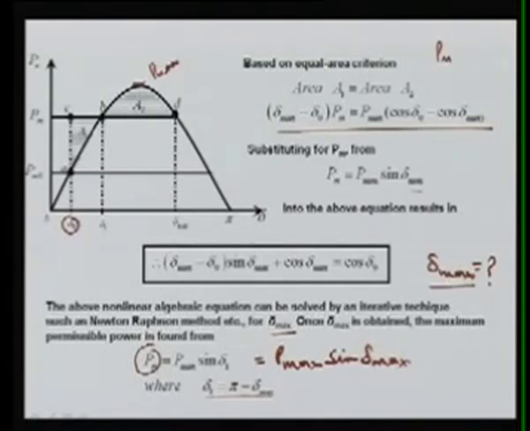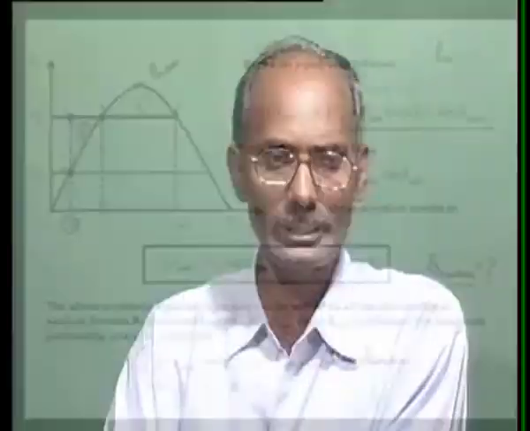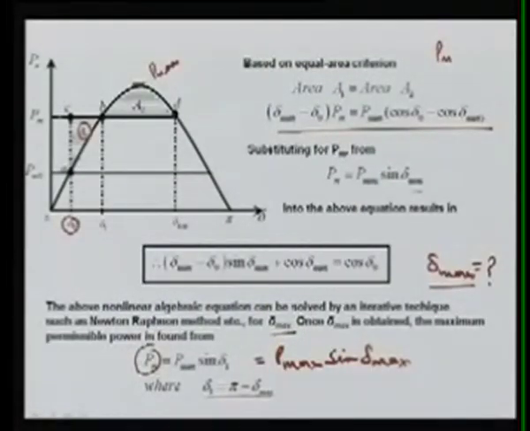But for a sudden increase, the machine will be accelerating and decelerating, because here is the acceleration power, here the machine is decelerating, here it is 0, and here again accelerating, and so on. Area A1 is called the accelerating area because PM is more than PE, so your machine will accelerate and store kinetic energy.